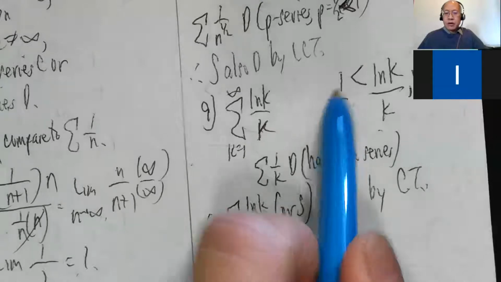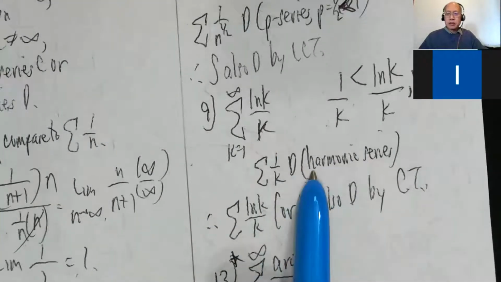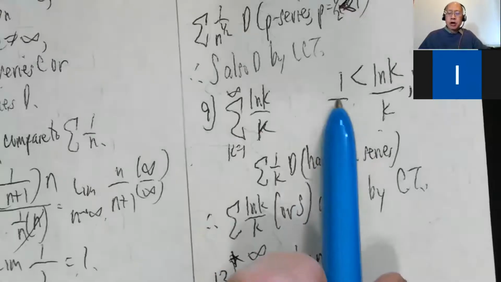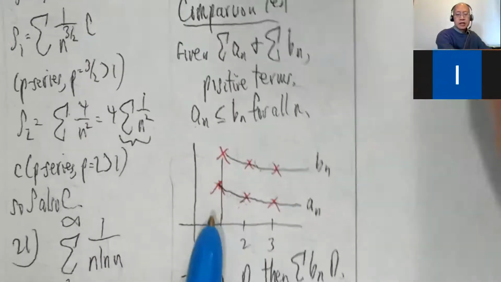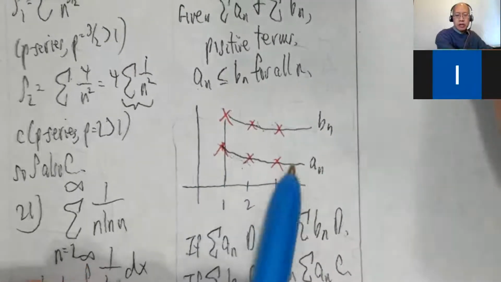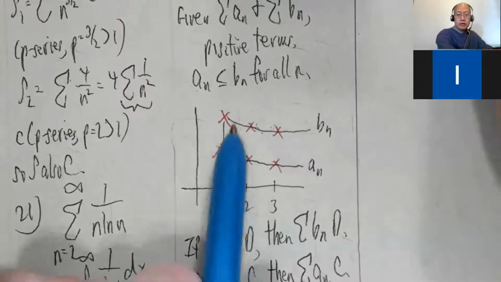Why do I want to set it up this way? I know summation of 1 over k diverges because it's the harmonic series. The smaller series diverges, sorry. Therefore, this one would also have to diverge.